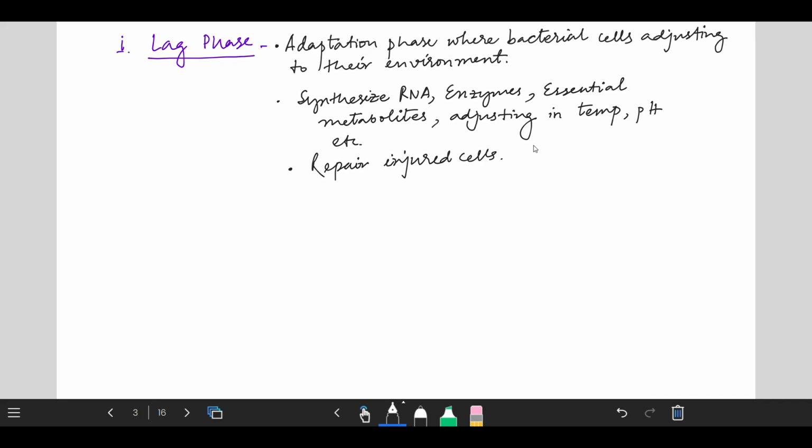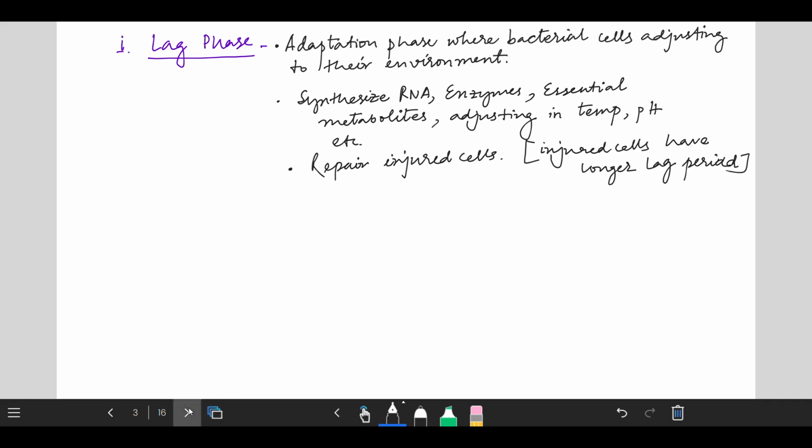And we have learned that injured cells have a longer lag period, because damaged cells need to repair themselves before they can engage in reproduction.